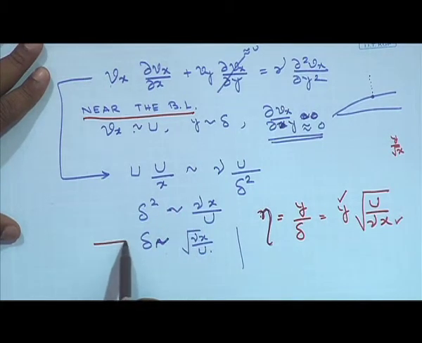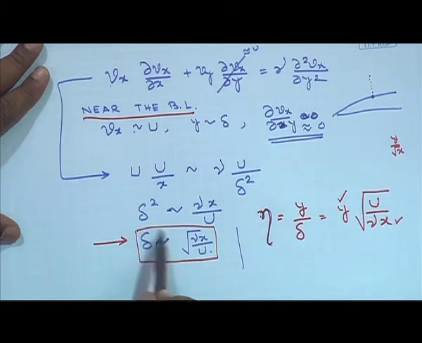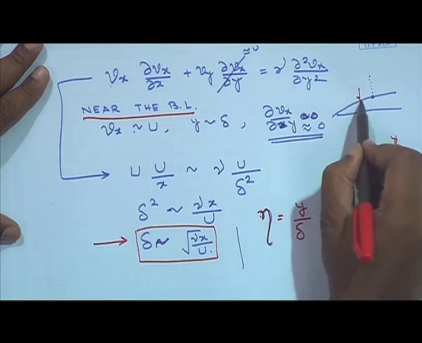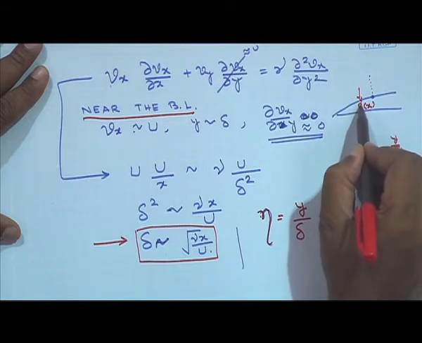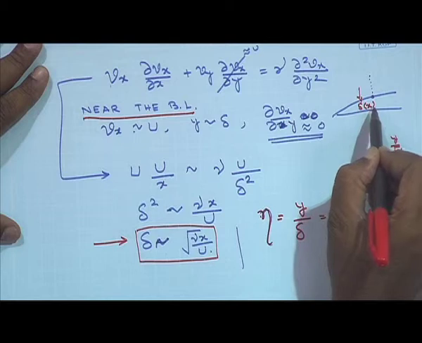So, approximately it gives me a form of delta in terms of x. Delta is the boundary layer thickness, which is only a function of x.